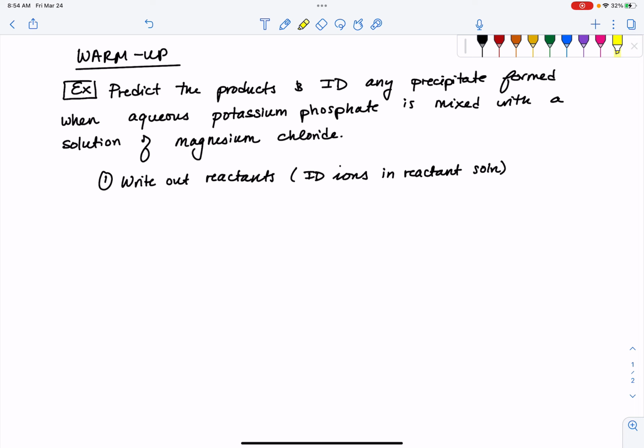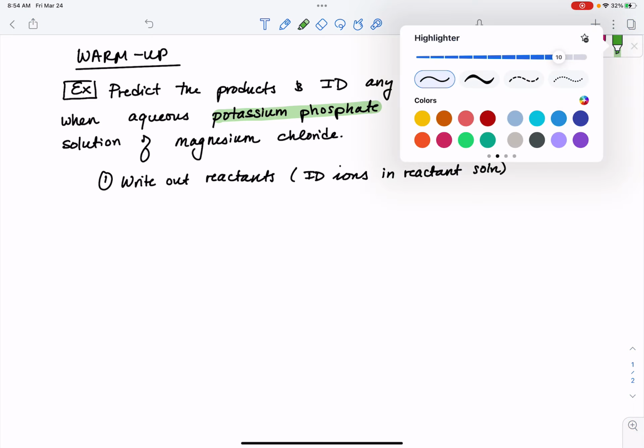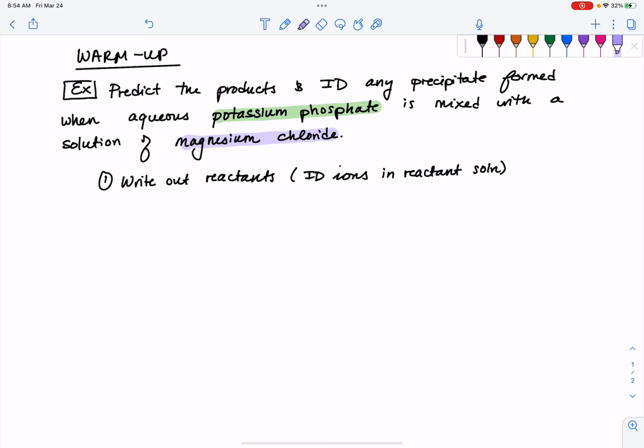So we have two species that are being mixed here. We have potassium phosphate, and we also have magnesium chloride. This is where our chemical nomenclature again comes into play. We need to be able to know what the formula of each of these compounds are if we're going to understand what ions they put into solution and in what proportion those ions are put into solution.